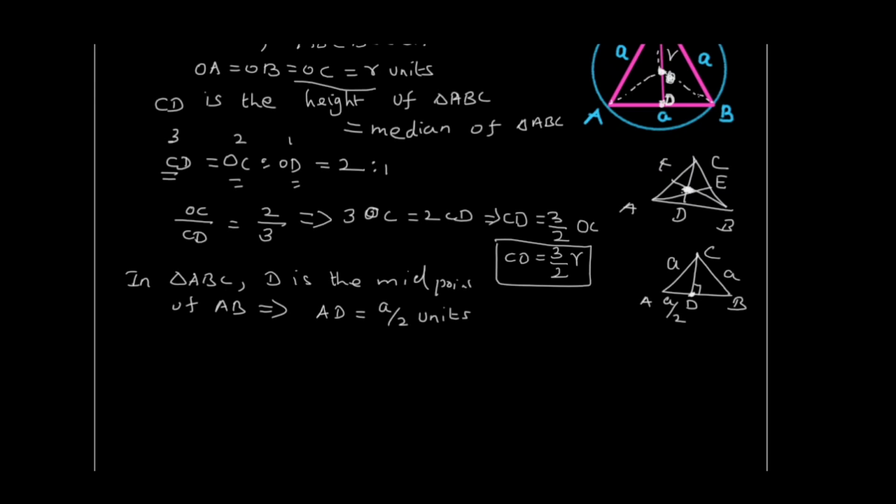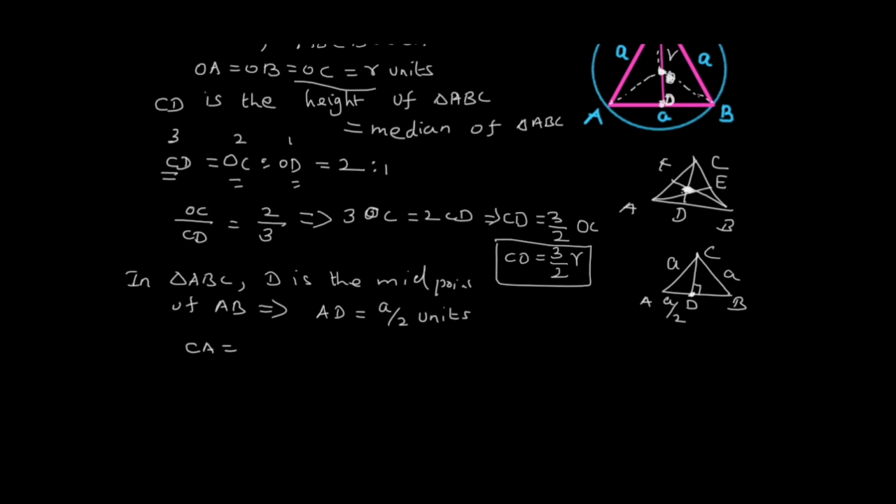Using Pythagoras, we can find the length of CD. CD is equal to the square root of hypotenuse squared minus one side squared. Consider the triangle. In that equilateral triangle, we are going to consider only this part.